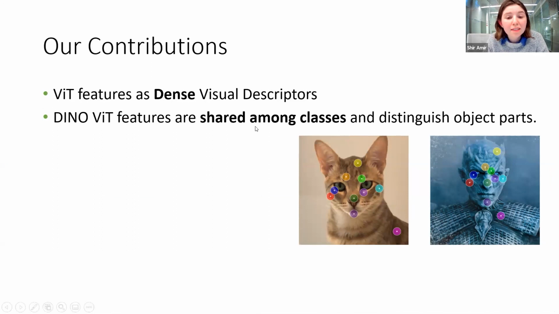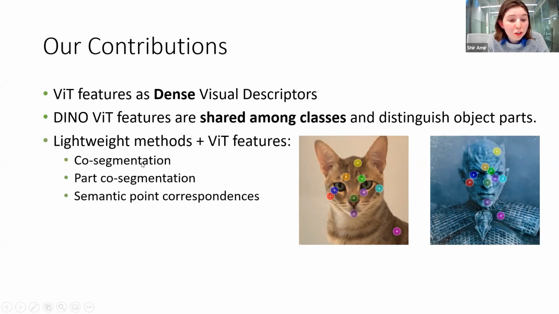This observation is so powerful that, taking the descriptors we created out of the ViT features and using only lightweight methods, we were able to solve three tasks: co-segmentation, part co-segmentation, and semantic point correspondences. We even received state-of-the-art results on the part co-segmentation task.